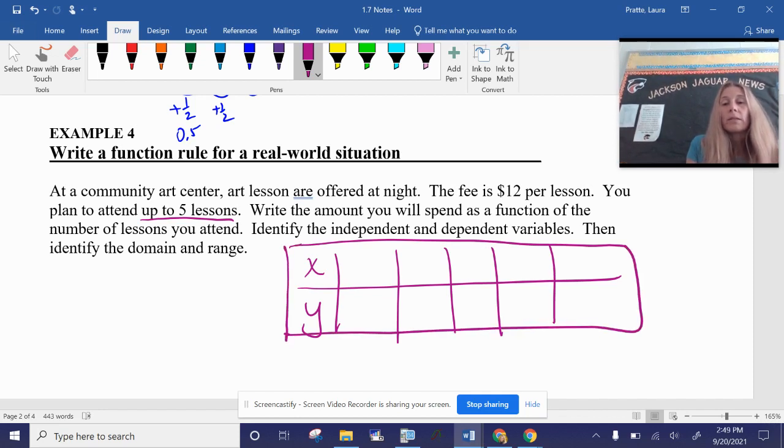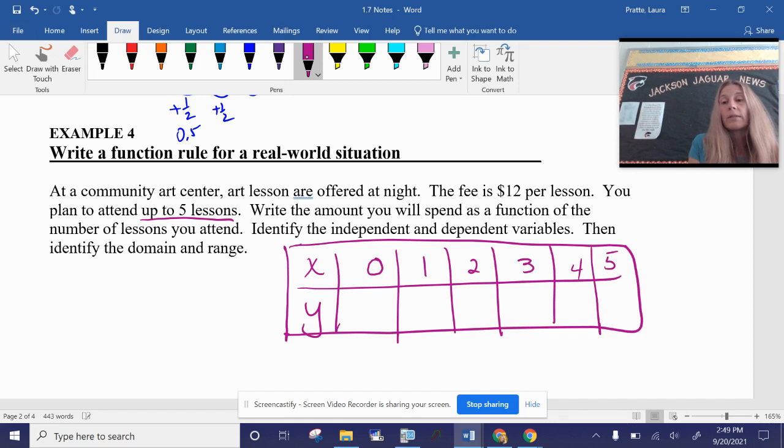So up to 5 lessons means you could do 0, 1, 2, 3, 4, or 5 lessons, right? So the fee is 12 per lesson. So the X, in this case, is the lessons, and then the Y is going to be the total cost.